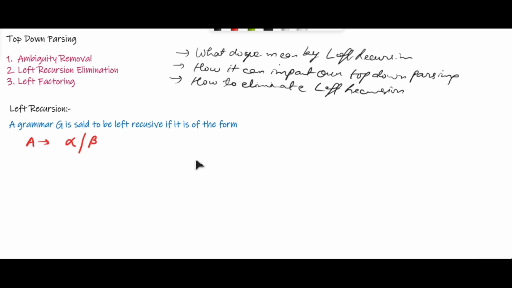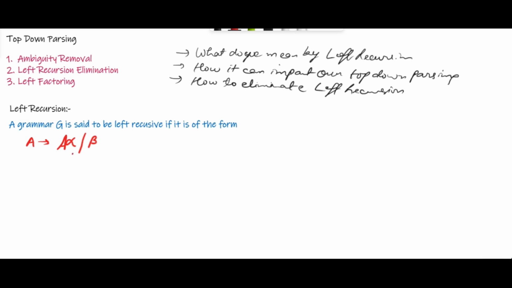The definition of left recursion says that a grammar is said to be left recursive if it is of the form, considering true production only over here, let me write the complete production set. If your grammar is in the form of A tends to A alpha or beta.